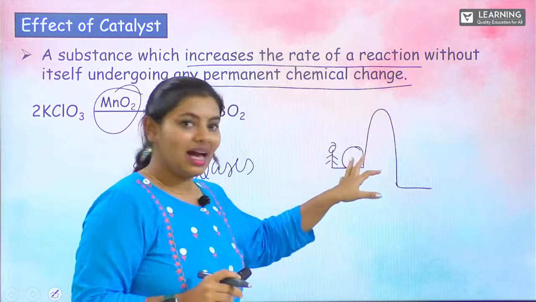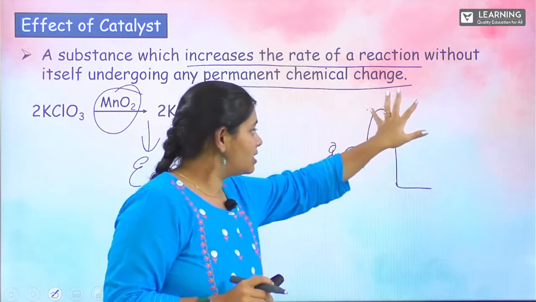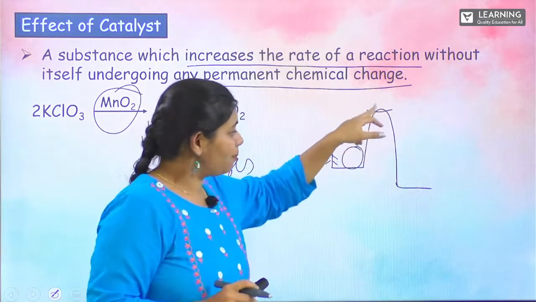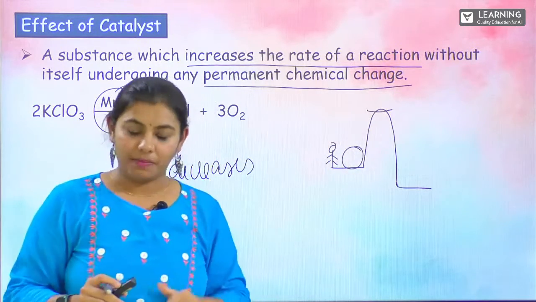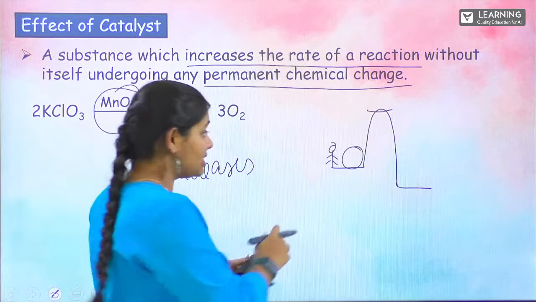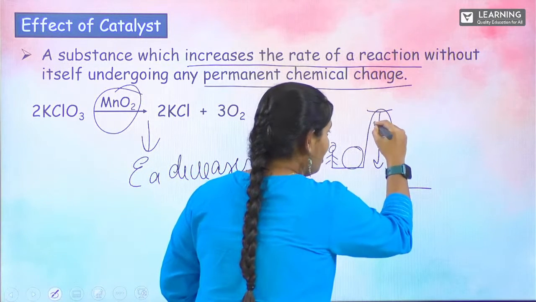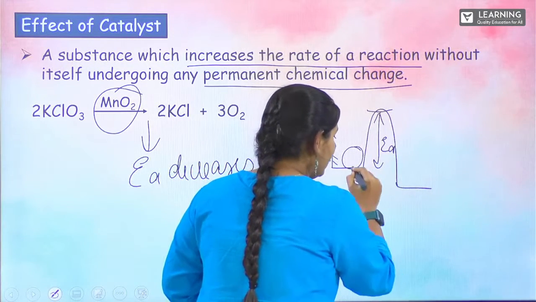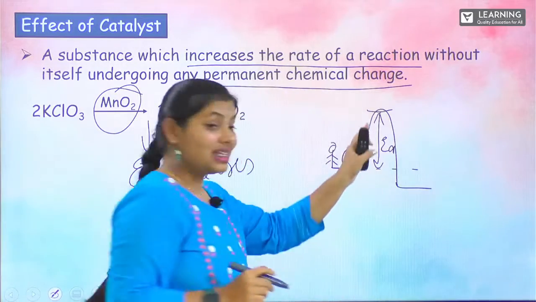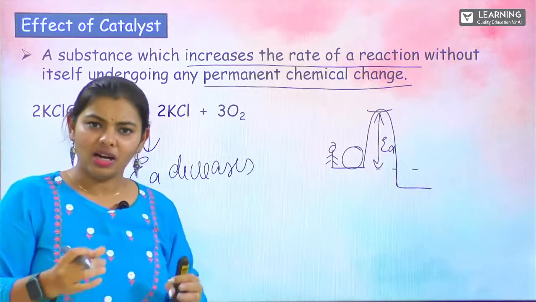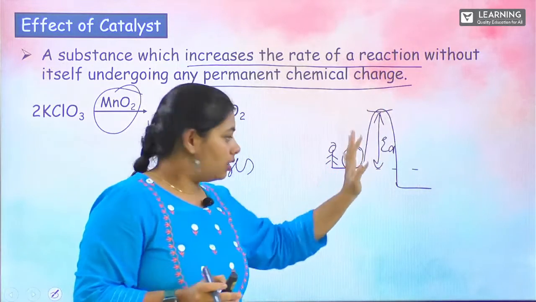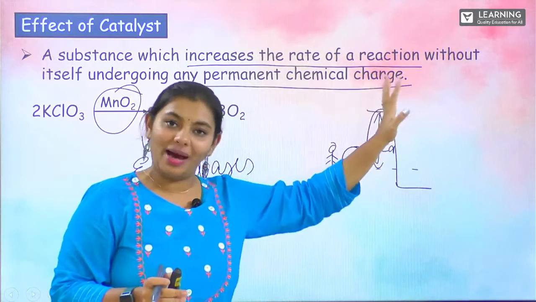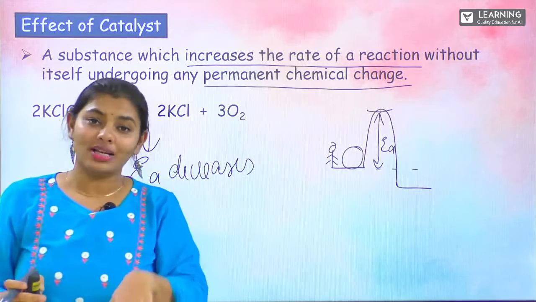Here this ball has to be pushed to the top, and then from that the reaction takes place. The ball moves quite easily. This exactly is going to be our EA, the activation energy required for the ball to be pushed from down till the top of the barrier, and after that it's going to move easily.